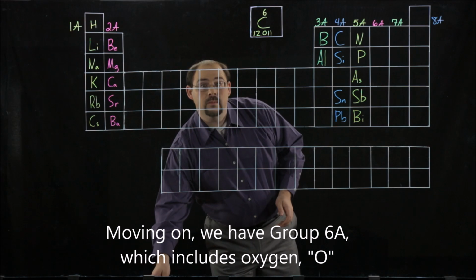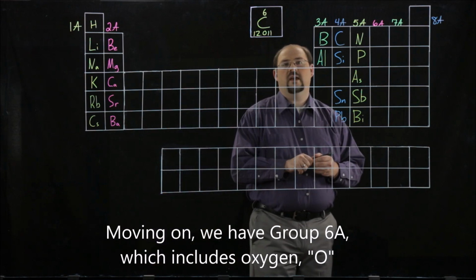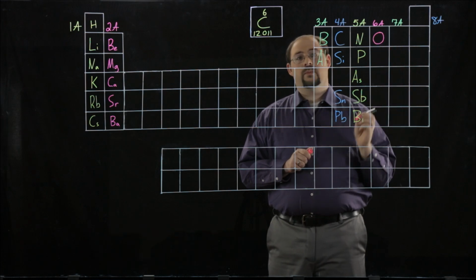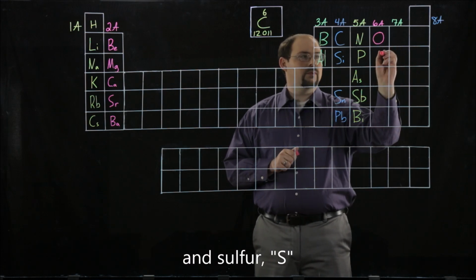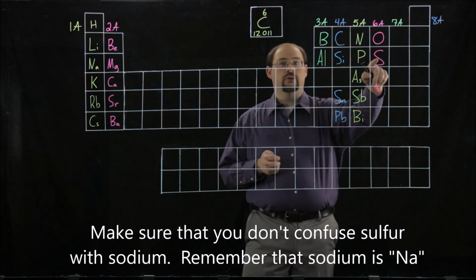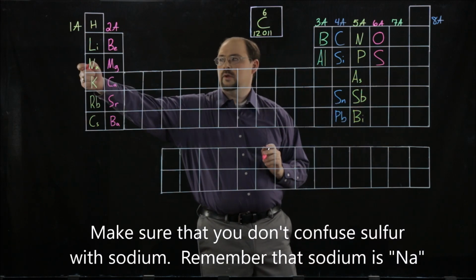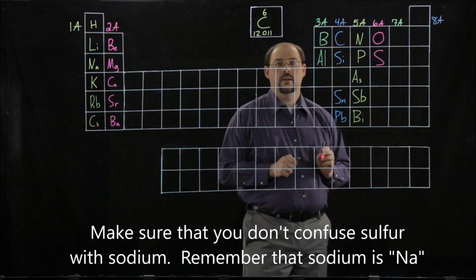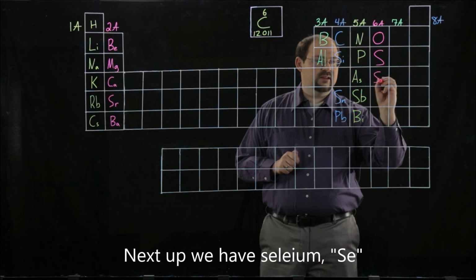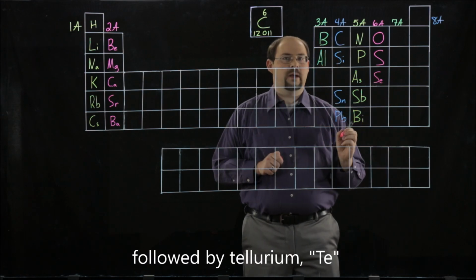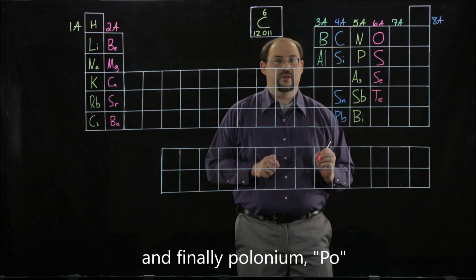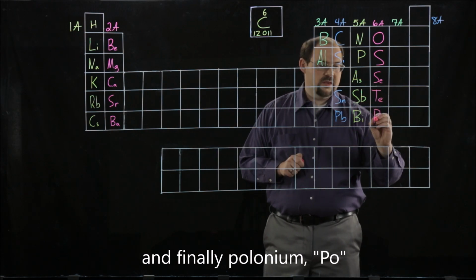Moving on, we have group 6A, which includes oxygen, O, and sulfur, S. Make sure you don't confuse sulfur with sodium. Remember, sodium is Na. Next up, we have selenium, Se, followed by tellurium, Te, and finally polonium, Po.